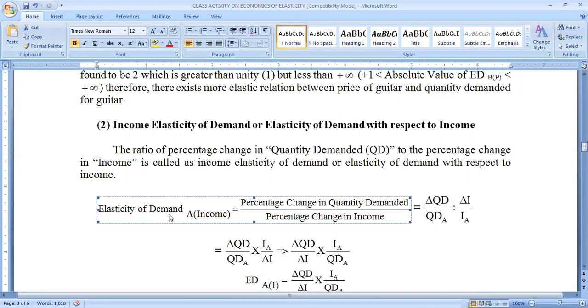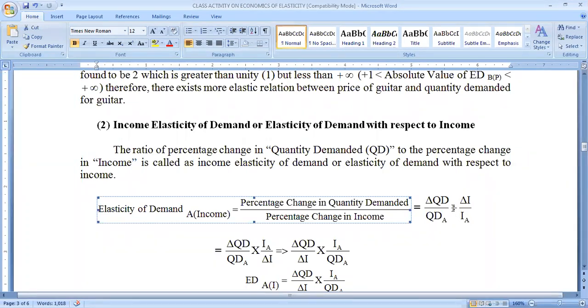So elasticity of demand at point A with respect to income equals percentage change in quantity demanded divided by percentage change in income, which equals delta QD over QD at point A divided by delta I over I at point A. Then the same process should be followed.